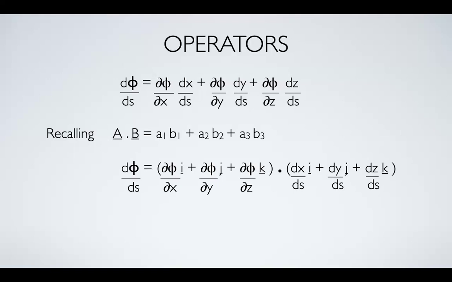I'll give you guys a few more seconds to take a look at this equation, how it is derived. It's just like vector A and vector B dotting with each other, because at the end, you will have the coefficients multiplied with each other.